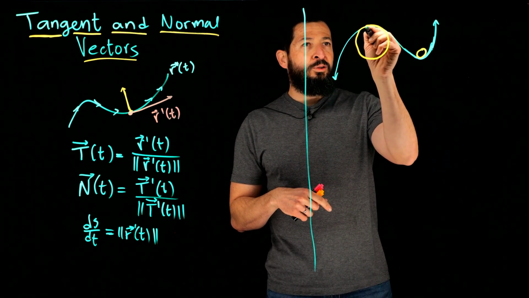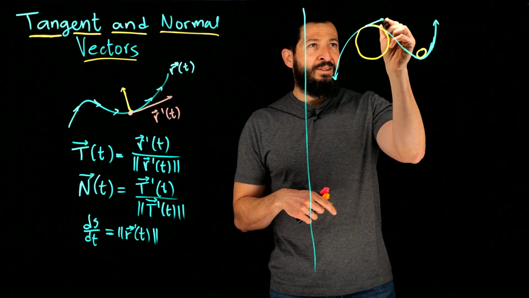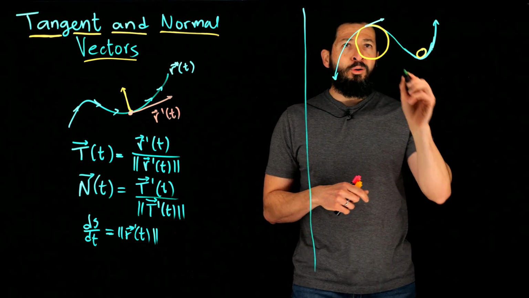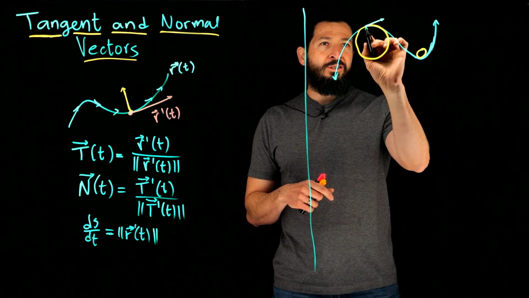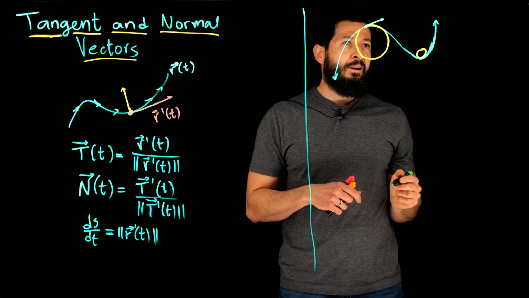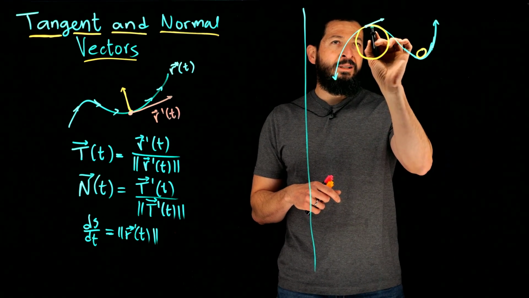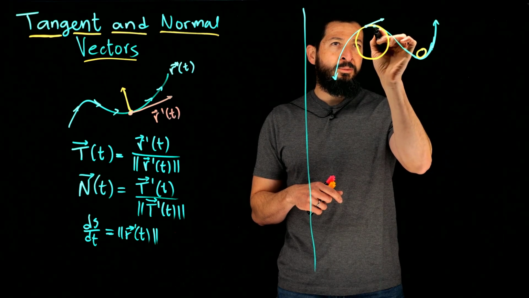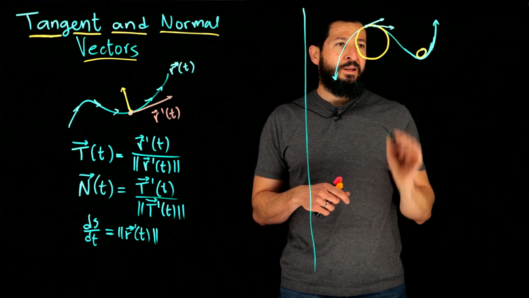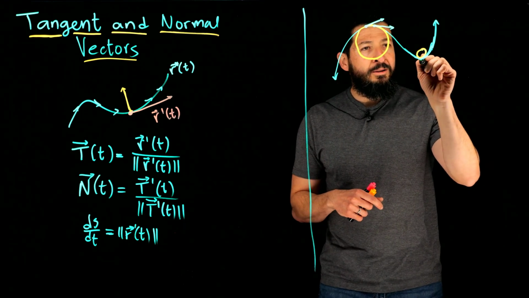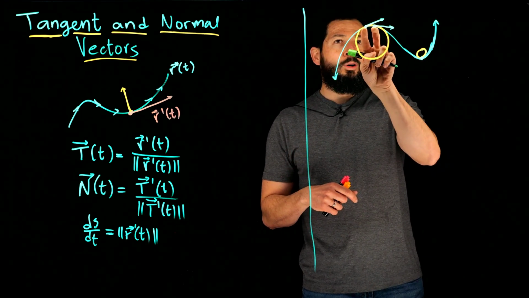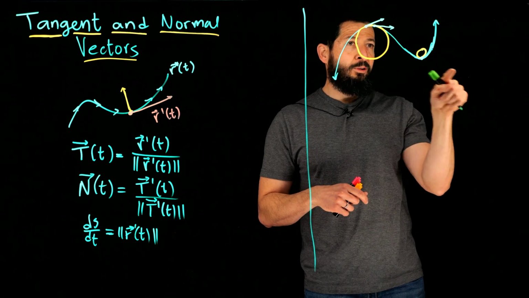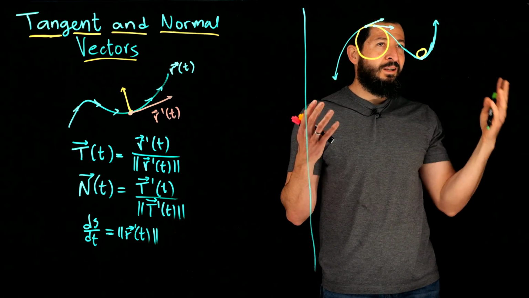And so to do that, I'm going to look at the tangent vector at 2 points. I'm going to go just at the point of interest, let's say there, and I'm going to move just a little bit to the right on my curve. So the tangent will be somewhere around here. And now I'm going to move more or less the same distance along the curve. I'm not doing anything about x, y, z, whatever.